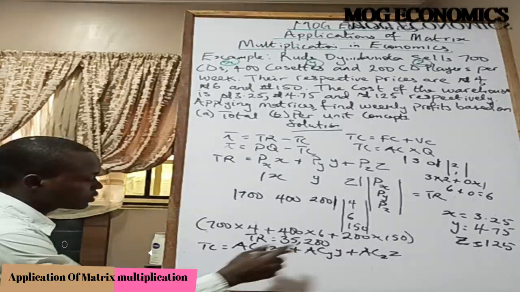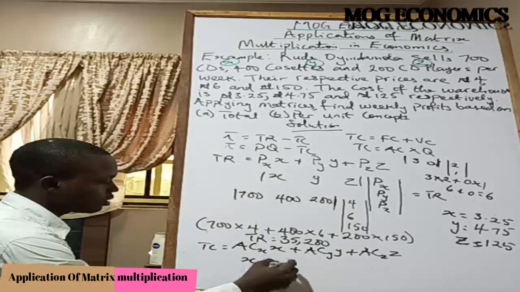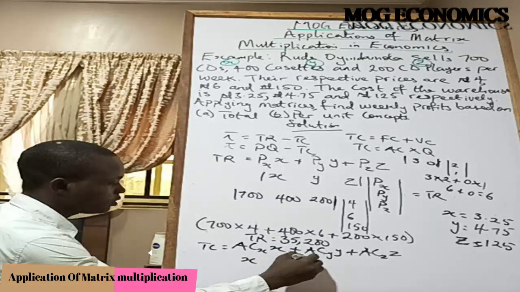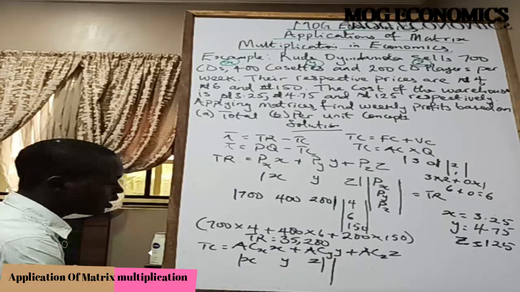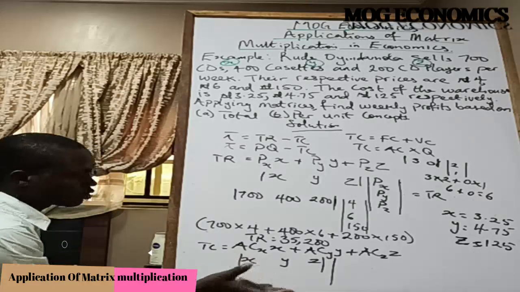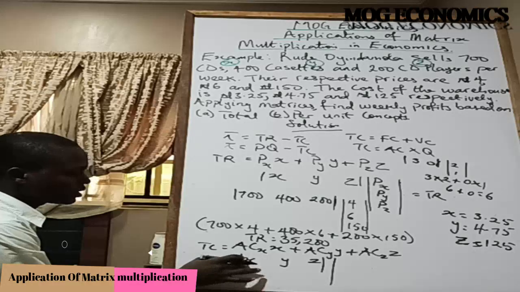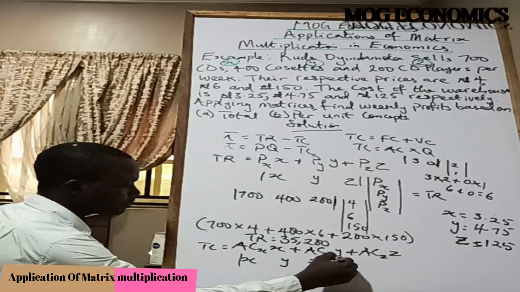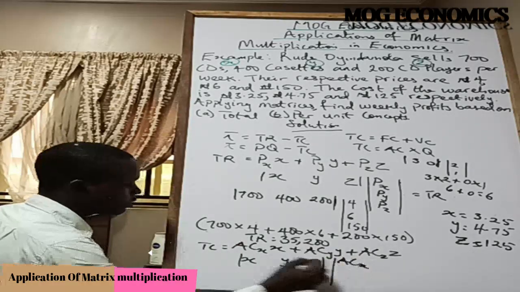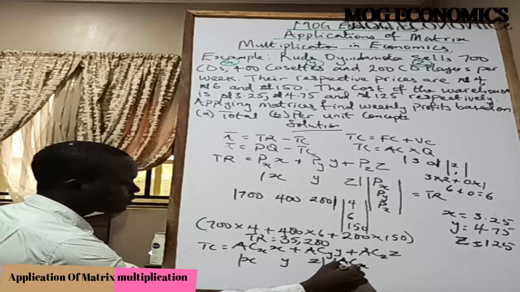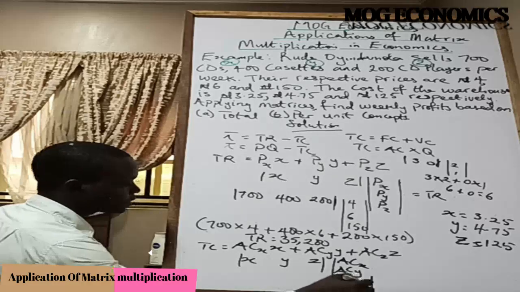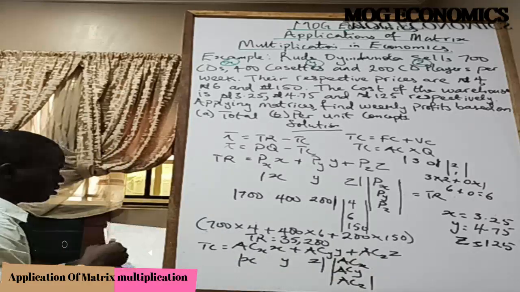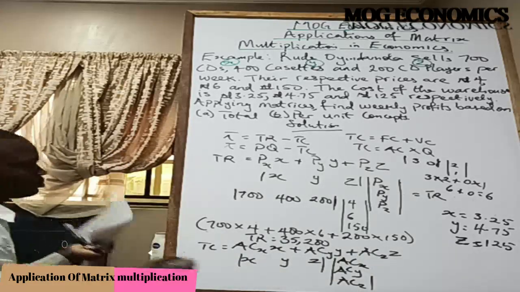We can just leave X, Y, and Z in a matrix, and then we have this other one. It has to be chronological. Since we have X first, we have to write our ACX here, followed by ACY, followed by ACZ.